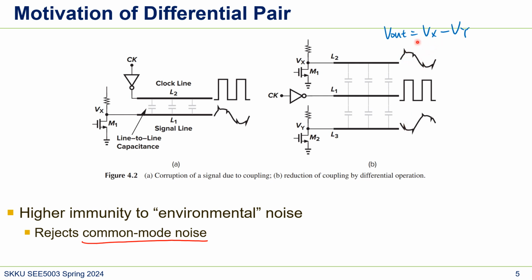So if we just subtract them, this will give us a clean sine wave, because these noises are common. The common noise can be subtracted. That's why we can say the differential pair is good, because it can reject common mode noise.